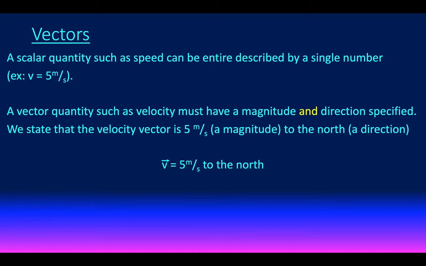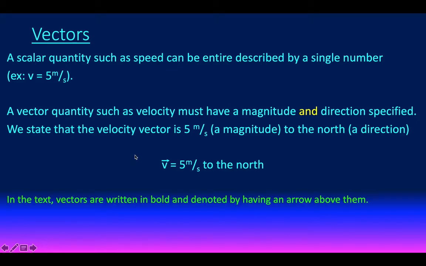Now you know you are moving 5 meters per second north, 0 meters per second to the east. You have now given me the list of numbers that is enough to specify this velocity vector that I wrote over here. So 5 and 0 are that list of numbers.